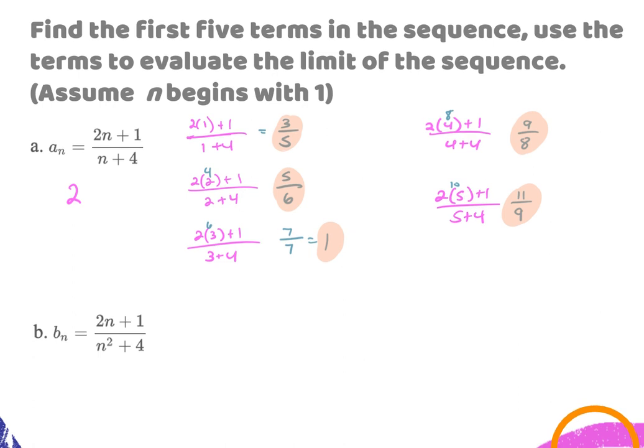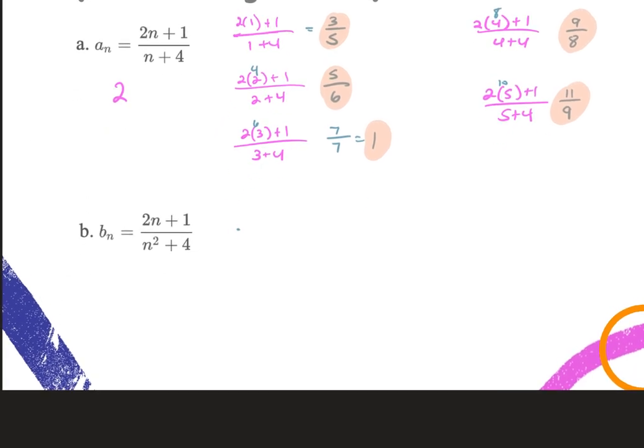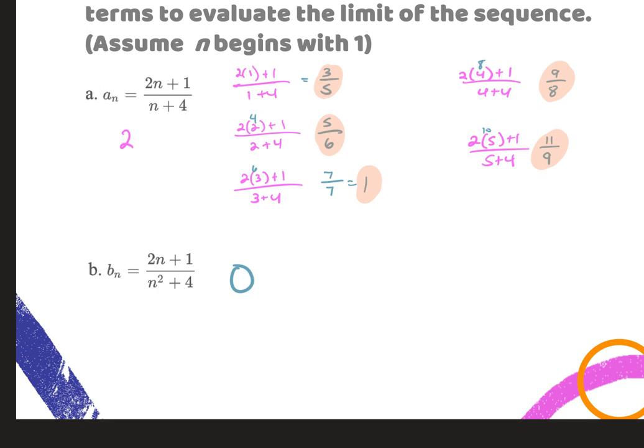So go to B. What's the limit there? 0. If you plug in your 1, 2, 3, 4, 5, your values are going to get smaller, smaller, smaller, but never hit 0. If you plug in, not necessarily, because direct substitution should give it to you.